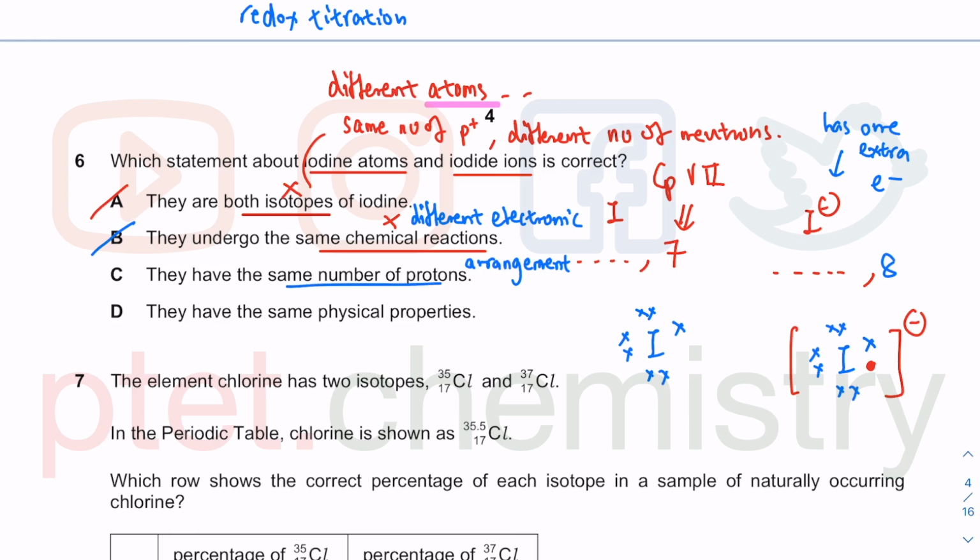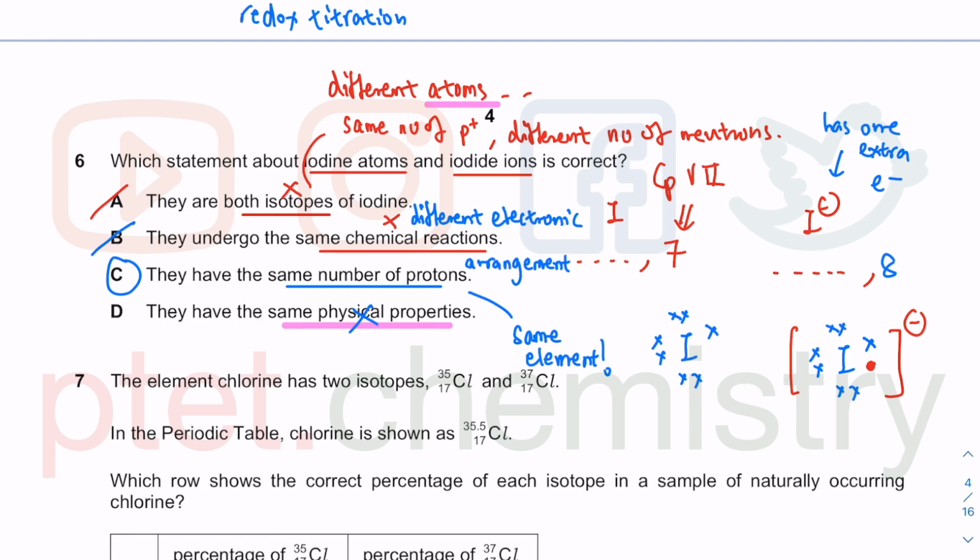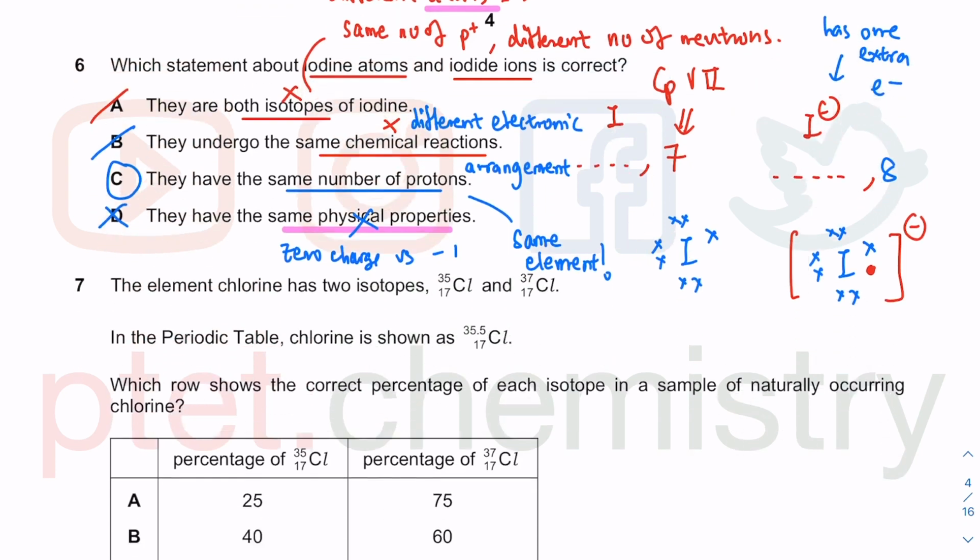Same number of protons? Yes, because they are the exact same element. Same physical properties? Not really. One has 0 charge versus one which has -1 charge. So D definitely is not the answer.